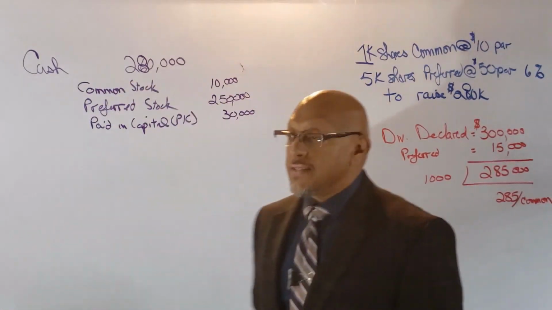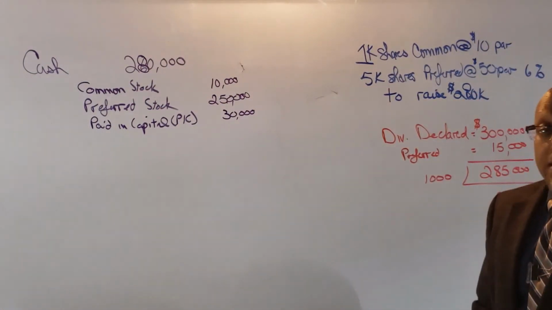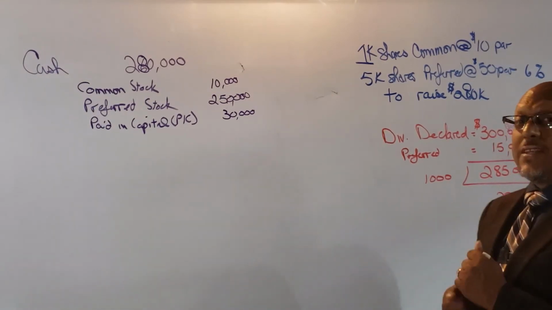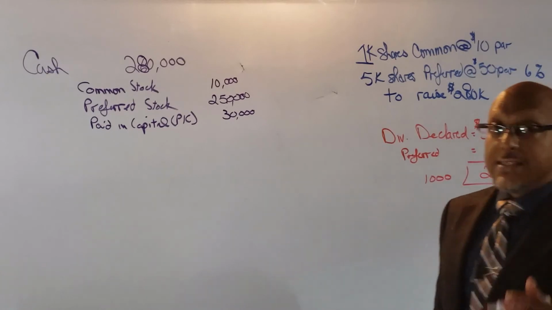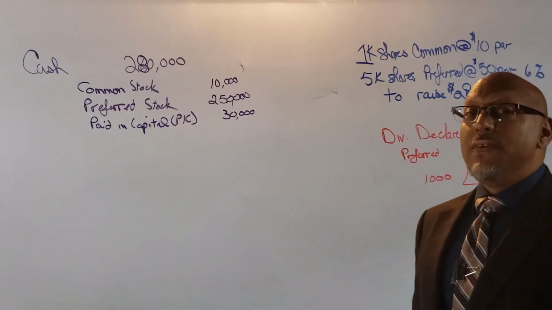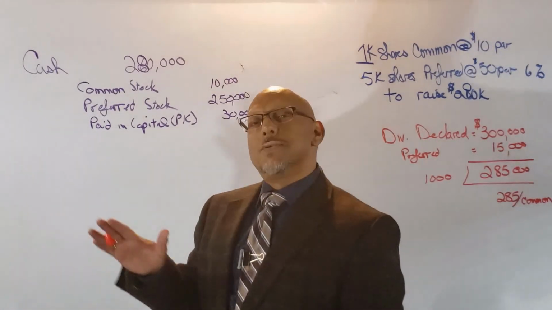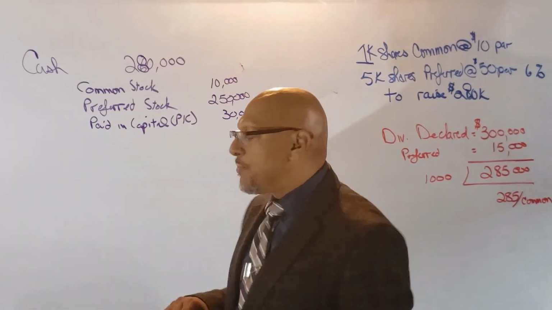How do we write that? Because we're going to pay it, we actually credit cash for it. We have to debit something. It's expense. When we do a dividend, it's an expense, just like any other expense, but it's outside of the income statement. It's kind of separate.